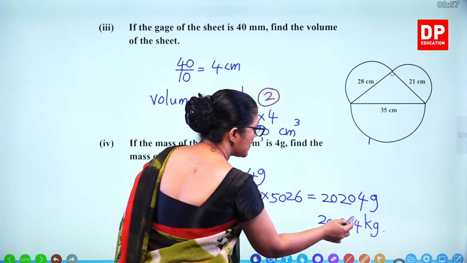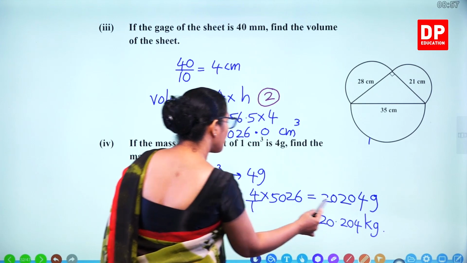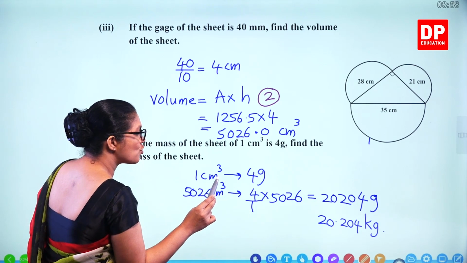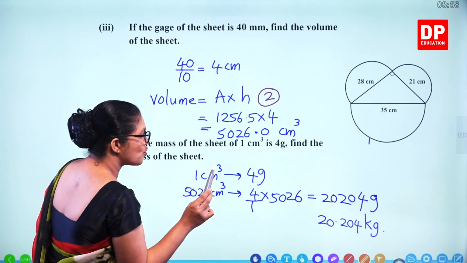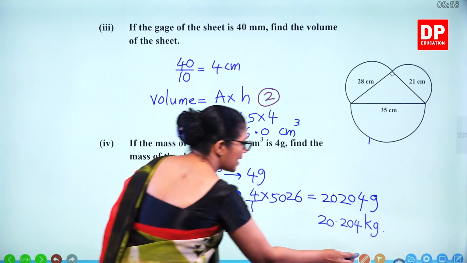Again multiply and see. 4 times 0. Here 4 times 6, 24. 2 remaining. 4 times 2, 8 plus 2, 10. 1 remaining. So here we made a mistake there.